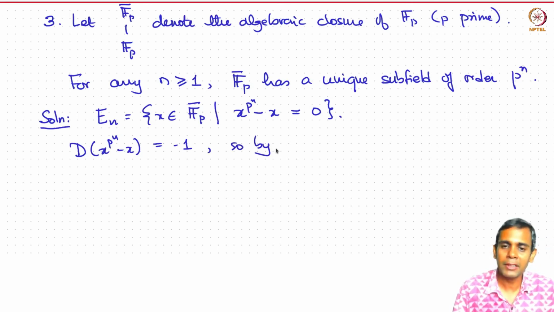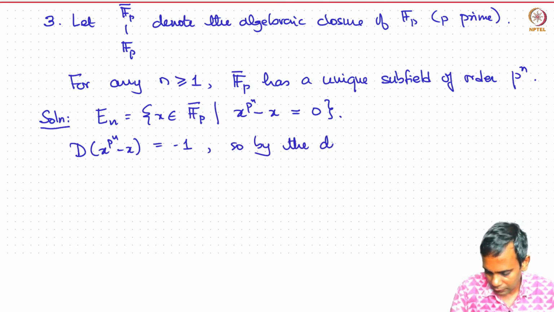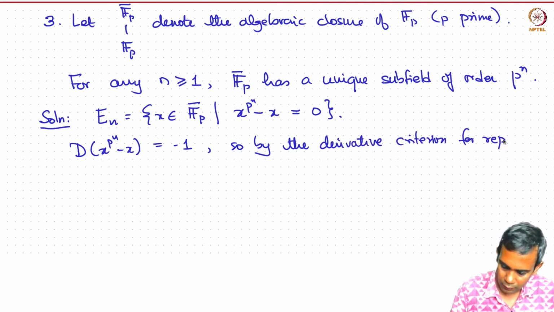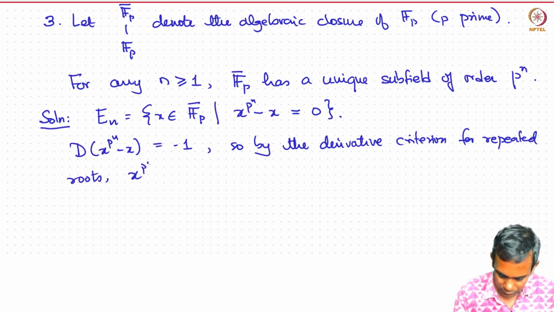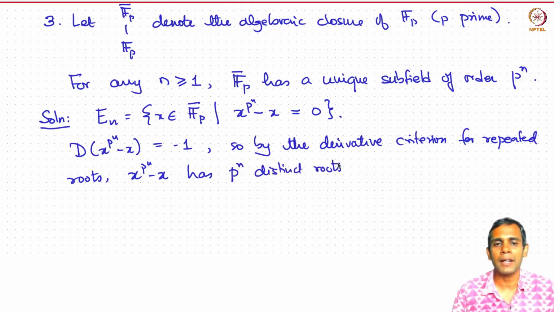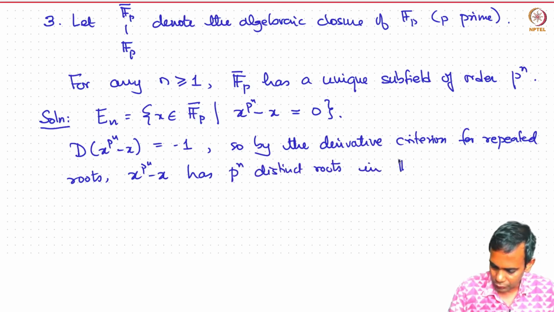So by the derivative criterion for repeated roots, x^(p^n) - x has p^n distinct roots. And all of them lie in Fp bar because Fp bar is the algebraic closure of Fp. So it has p^n distinct roots in Fp bar.